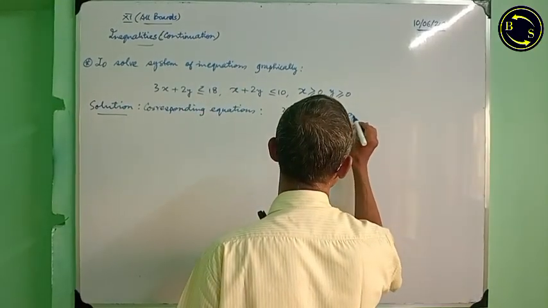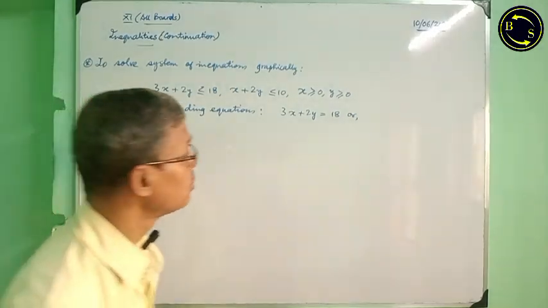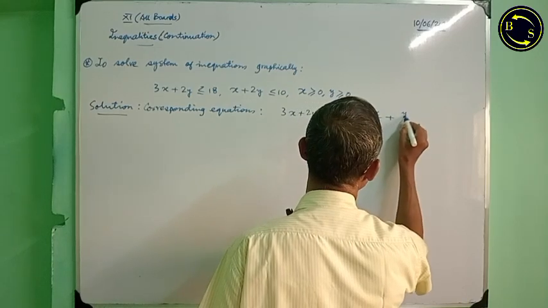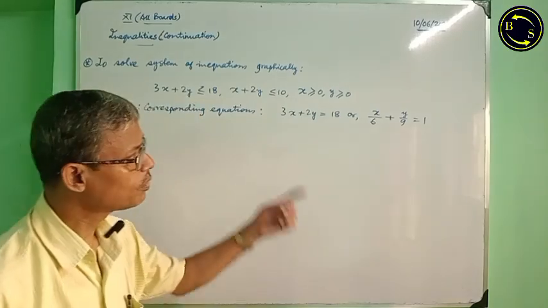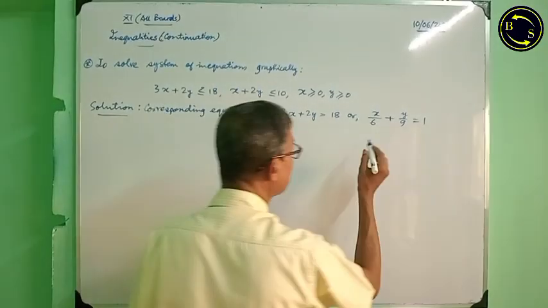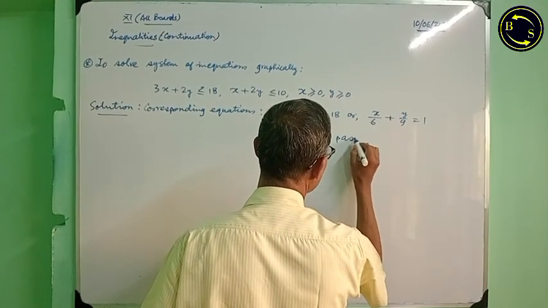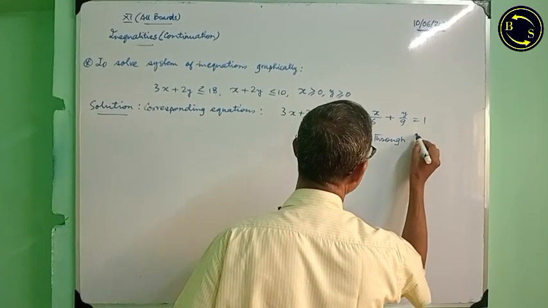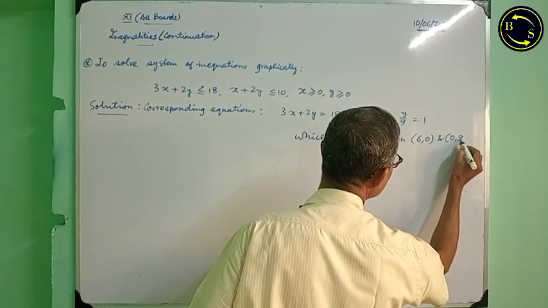We can write that, dividing both sides by 18, x by 6 plus y by 9 is equal to 1, which is of the form x by a plus y by b is equal to 1. That means this straight line passes through 6, 0 and 0, 9.